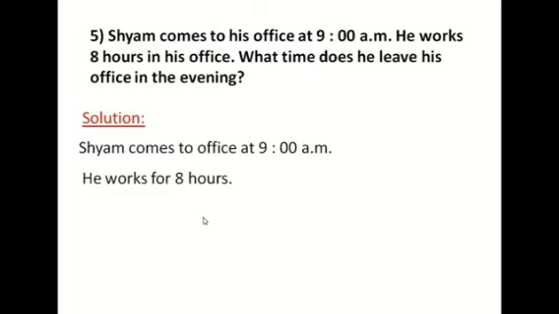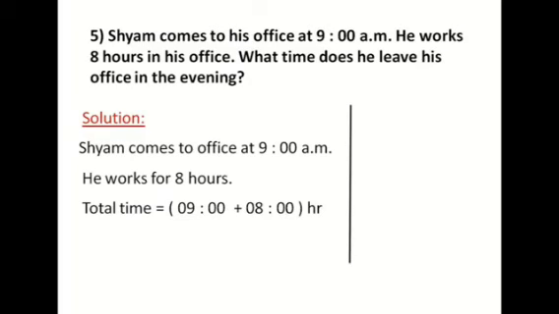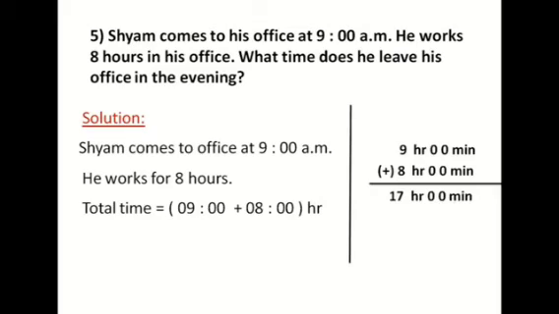With that one, if we add 8 hours, we will get the total time. So find out total time equals to 09.00 plus 08.00 hour. So find out the sum, how much you are getting. We can write it 9 hours 00 minute plus 8 hours 00 minute. So it will give you 9 plus 8 means 17 hours 00 minute.